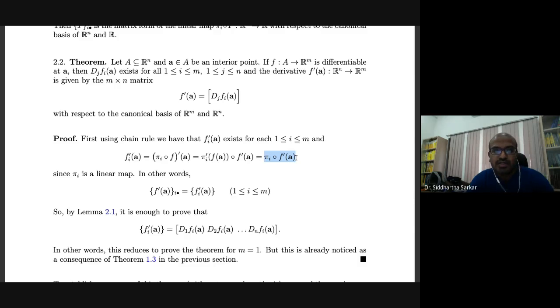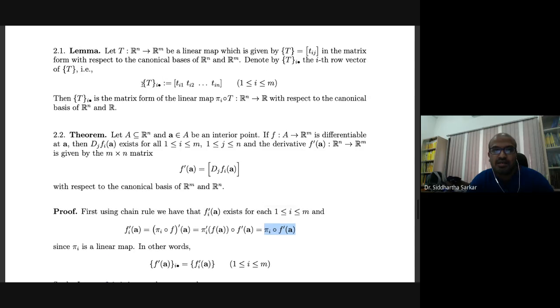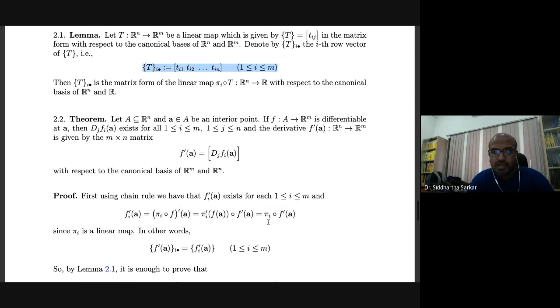What you have to do is just now use this particular lemma over here. So if I compose with pi i to a linear map, what you are going to recover is the row vectors of the matrix form of f prime A. So this is what this theorem actually tells.